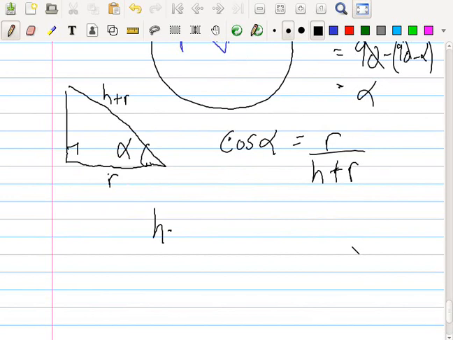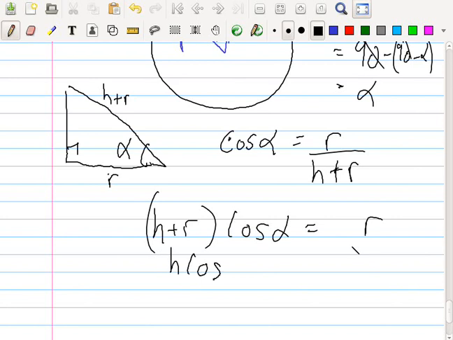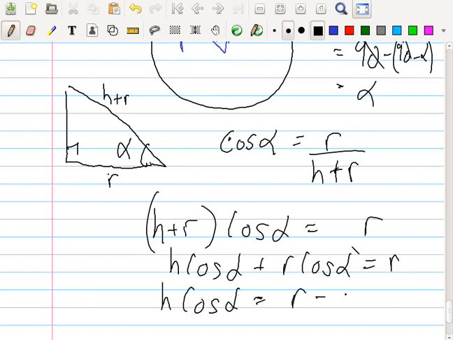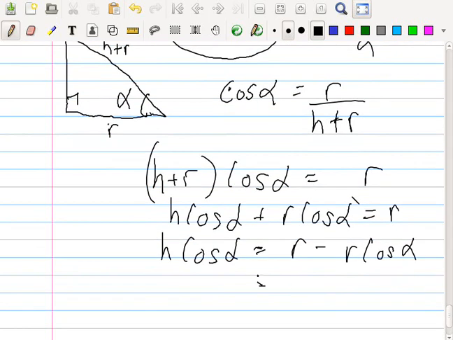So I have H plus R times cos alpha equals R. So I get H cos alpha plus R cos alpha equals R. So H cos alpha equals R minus R cos alpha, equals R times 1 minus cos alpha.